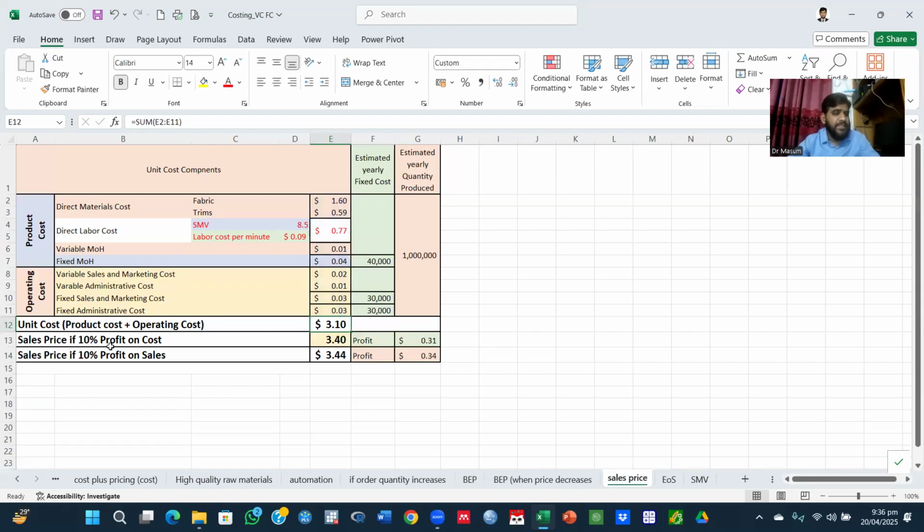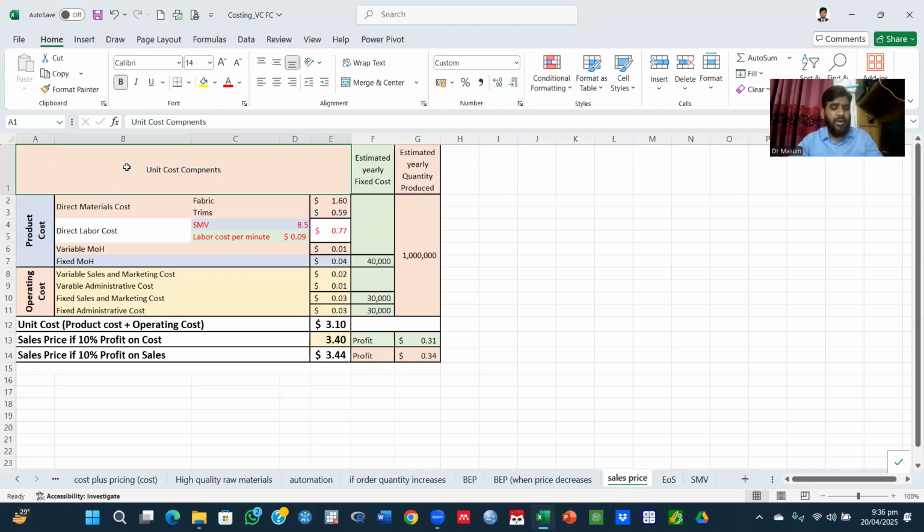And your sales price, if 10% profit on cost, that means 10% of 3.10 is 0.31. If you sum up, then the sales price will be 3.44. So in your assignment you will do all these types of calculations, and then you will ultimately show them in a cost sheet.